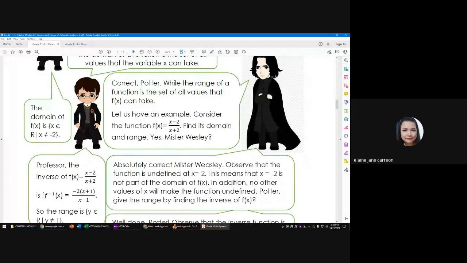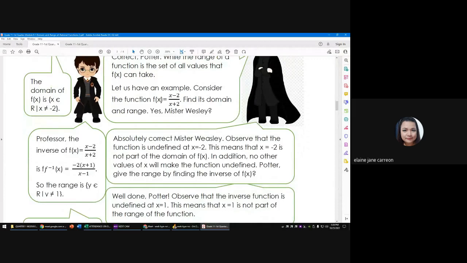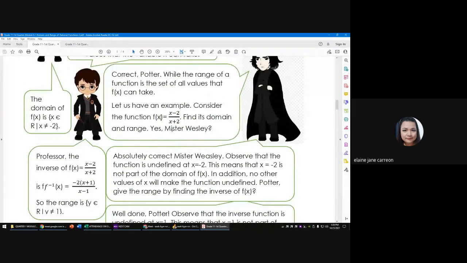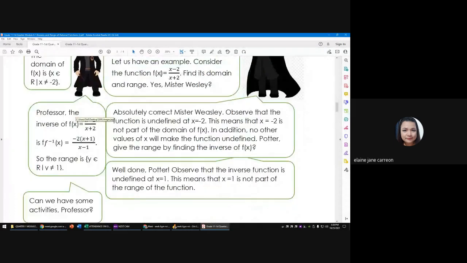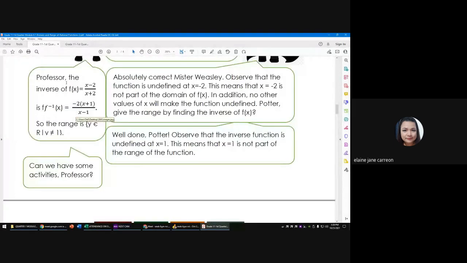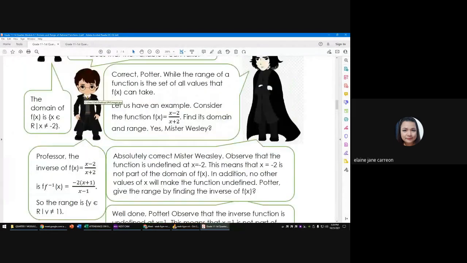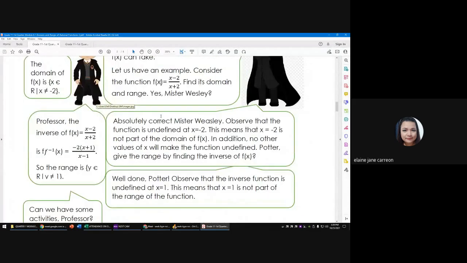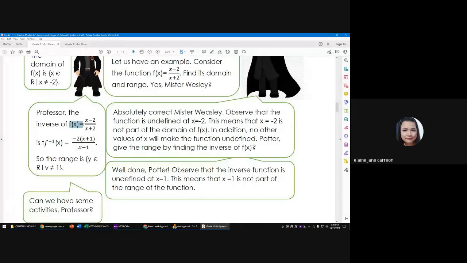They gave this as an example. The professor says, find its domain and the range. Mr. Wesley says that in order to find the range of this function, you have to find the inverse, and that is a preempt.